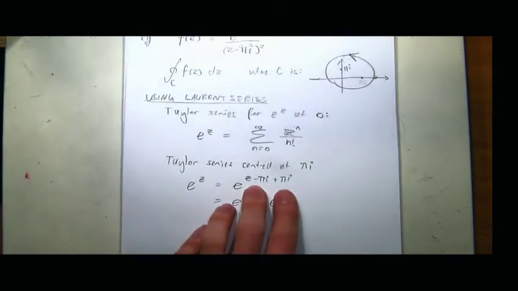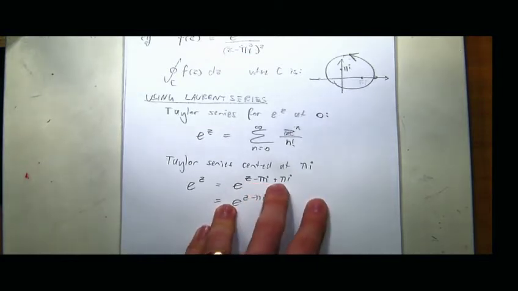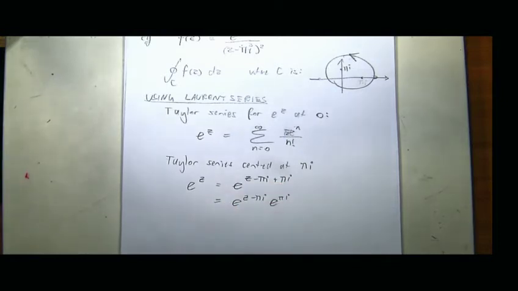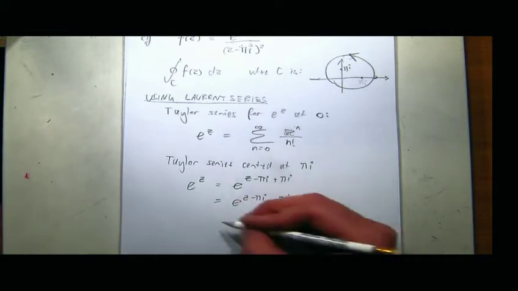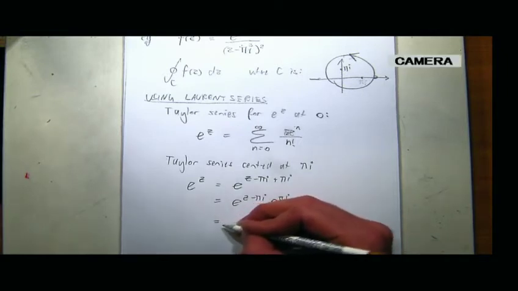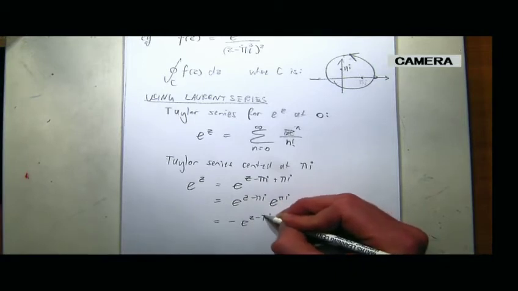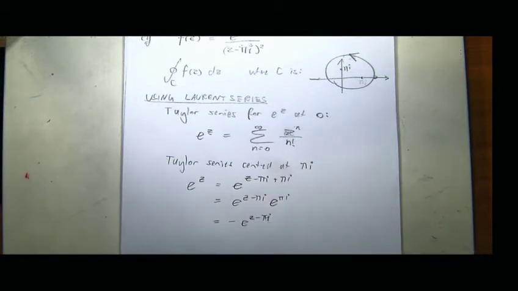So in this first step, I've arranged for there to be a z minus pi I by subtracting pi I and adding pi I up in the powers. And then I want the z minus pi I by itself, so I've just done this. And e to the pi I happens to be minus 1. Which is why I chose e to the pi I anyway.